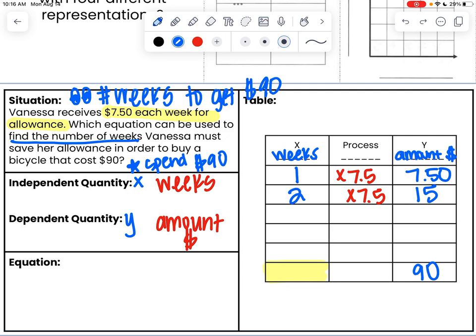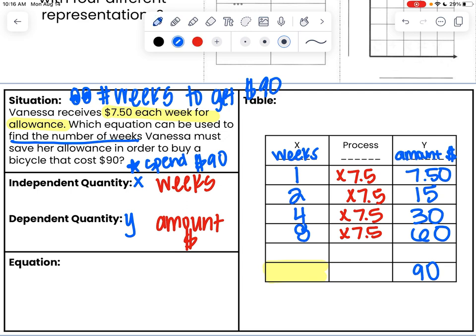But if 2 weeks is $15, then 4 weeks must be $30. And if 4 weeks is $30, then 8 weeks must be $60. And I notice that my multiplicative rule of multiplying by 7.5 across still works.